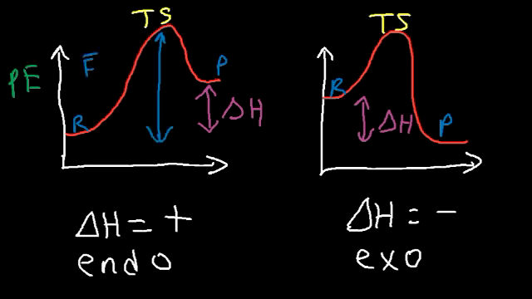This is called the forward activation energy. The reverse activation energy is the difference between the transition state and the products. Now, most of the time, if you hear the word activation energy, and if it doesn't state reverse or forward, it's always assumed to be the forward activation energy, unless specified otherwise.